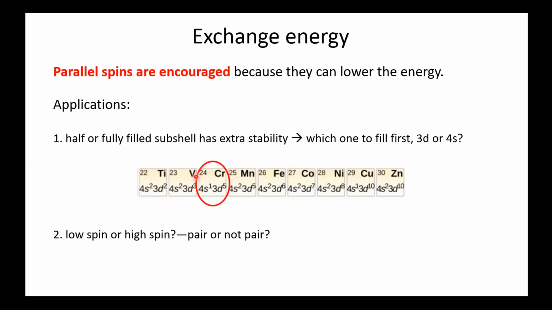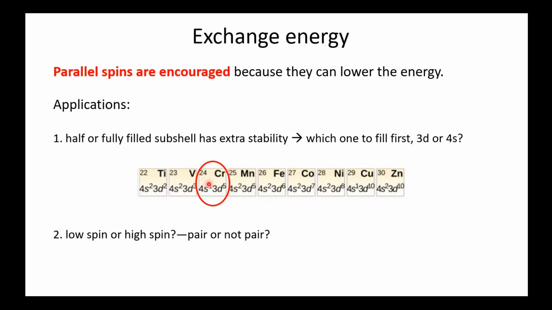If you look at the previous cases, you may say the 4s is the lower energy orbital because they always fill the 4s first and then the 3d, right? If we look at titanium, vanadium, it first fills the 4s, and now we have a 2 in the 3d, and then we continue to fill the 3d. That's an indication that the 4s has lower energy than the 3d.